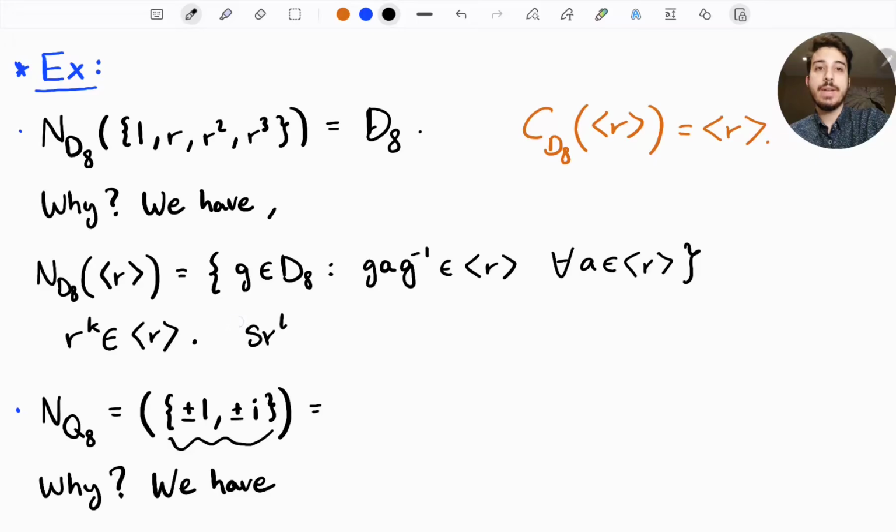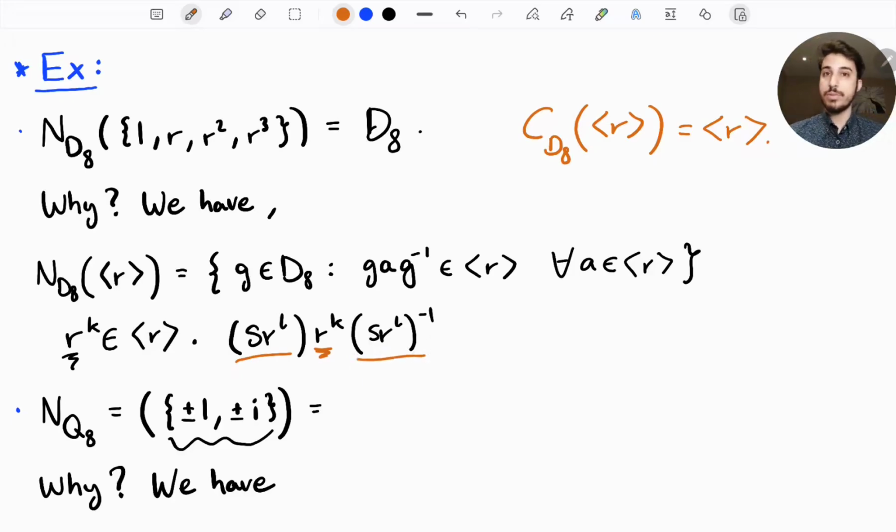So we can have S R to the l multiplied by our element R to the k, and then multiplied by the inverse of S R to the l. So this is exactly the conjugation of our element R to the k inside the subgroup generated by R by any element of the form S R to the l. Let us see what that gives us.